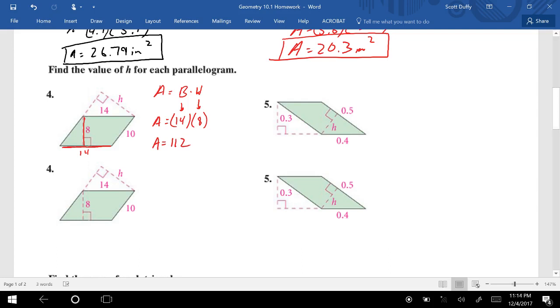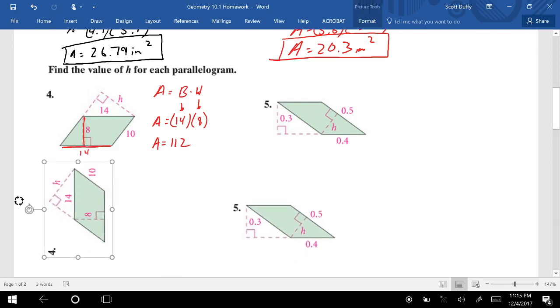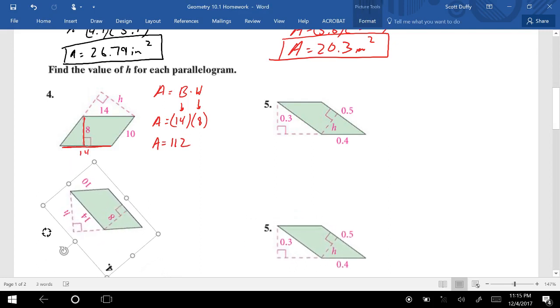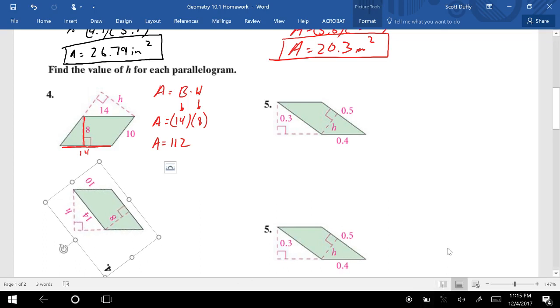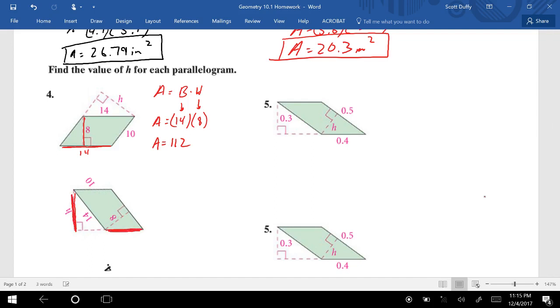Now, if I look at it a different way, let's say I turn this. I now have a different height and a different base. My new height, I don't know. That's what we're trying to find. But the base right here would be the same as the top, so that would be 10. So using the same equation, area equals base times height. I have a new base of 10.